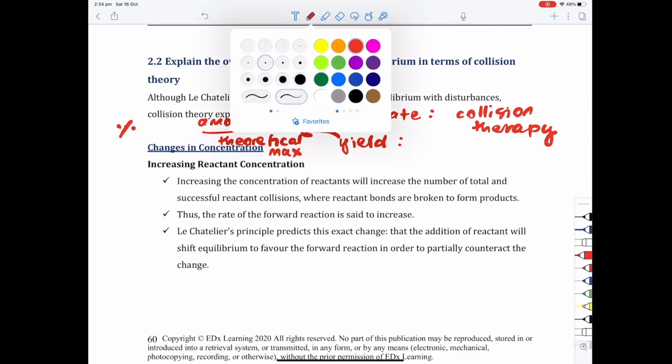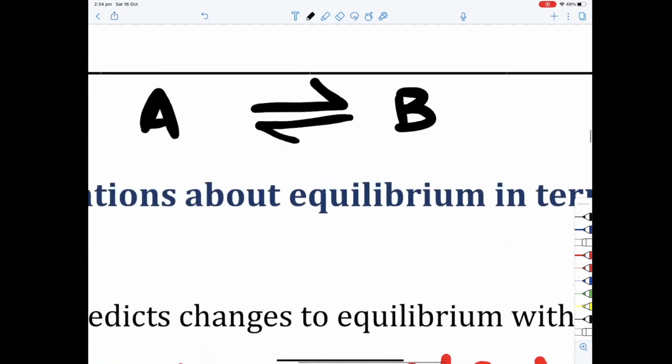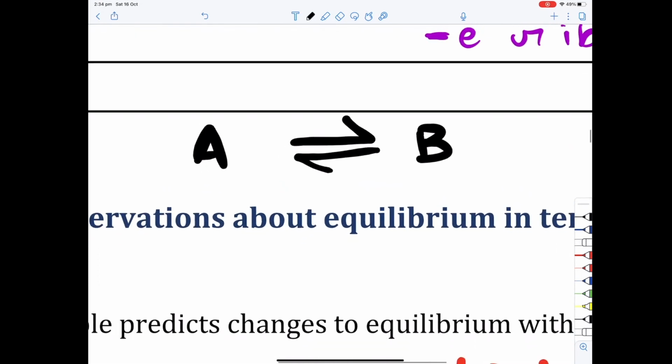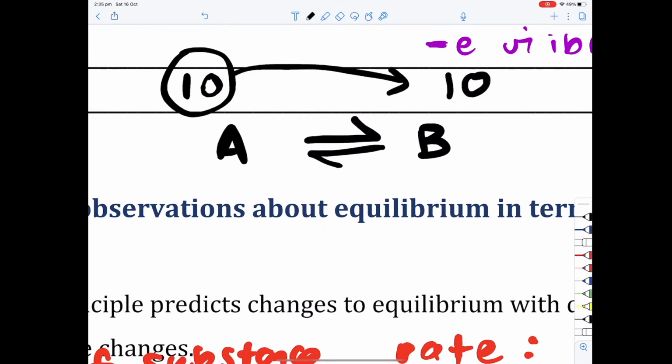So just to give you a very quick analogy, if I have an equilibrium like this, A to B, everyone, what's the theoretical maximum of B that I can produce? Let's say I've got 10 molecules of A. What's the theoretical maximum molecules of B that I can produce? 10. 10, right? All of A converts to B. That's a theoretical maximum, right?